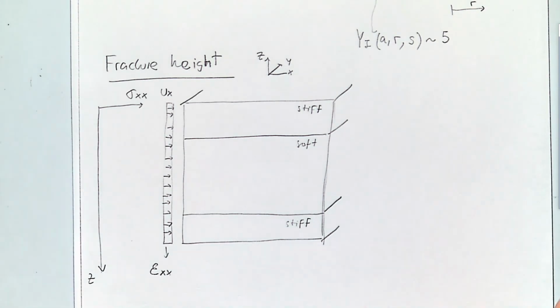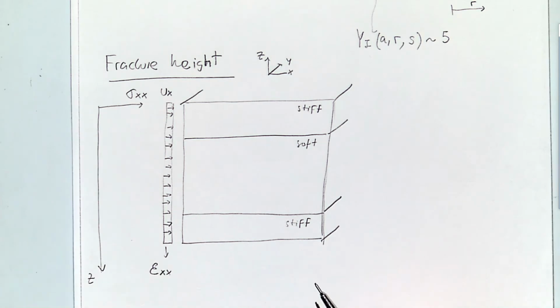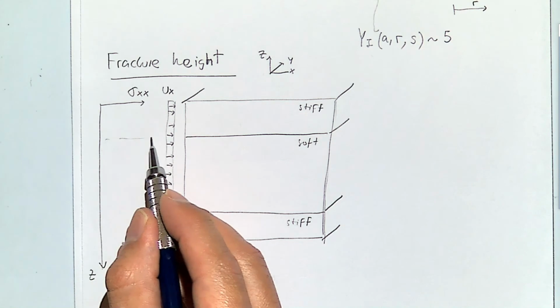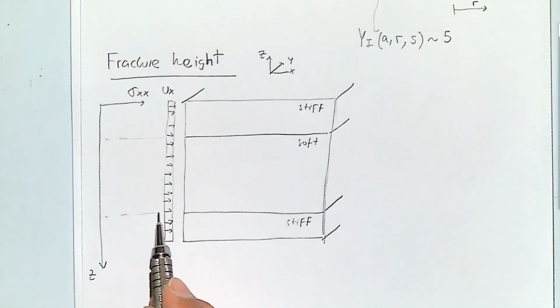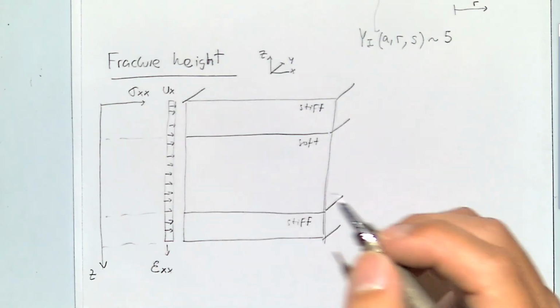We're compressing something in direction x, which is stiff, soft, and stiff. Will the stress be the same along the entire interval? No. Why not? Because they have different stiffness, so they're going to have different response to strain.